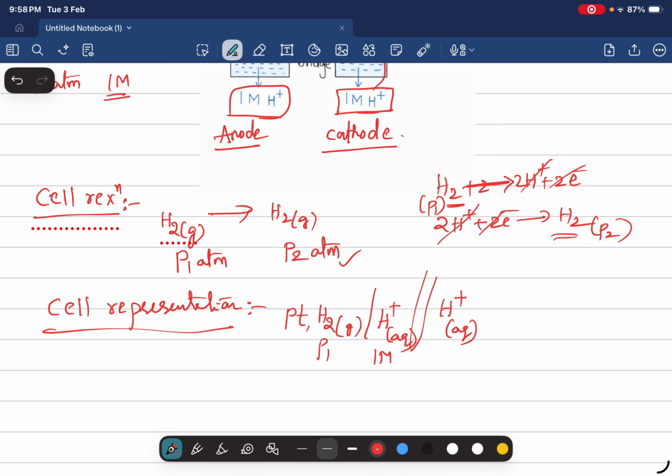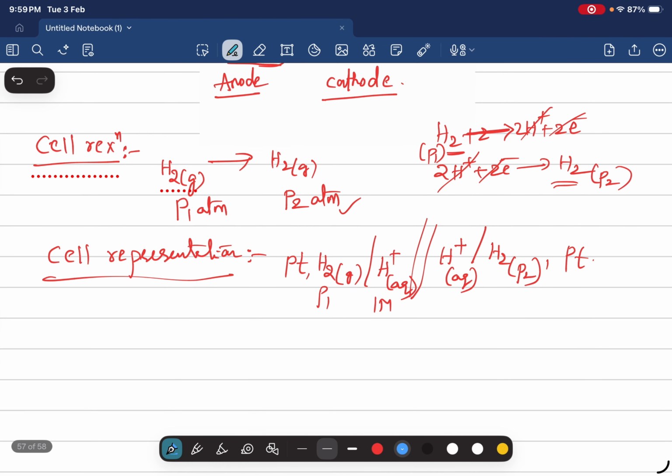H+ of the cathodic solution is converted into H2 gas at pressure P2 atm. Same way, it is also happening with a Pt electrode. This is how we can represent the anode and cathode reactions. This is one way to represent.